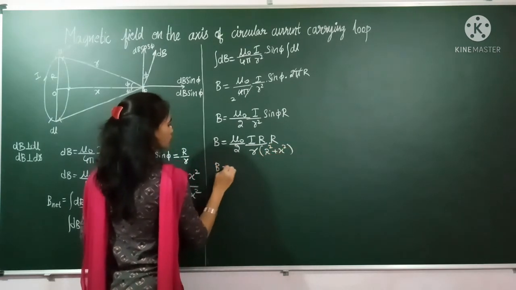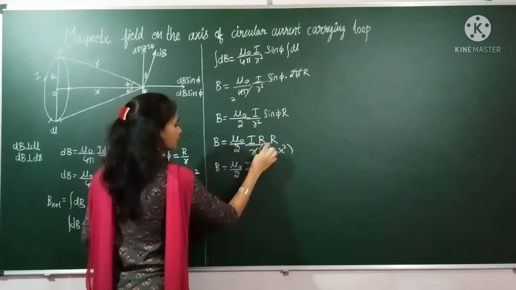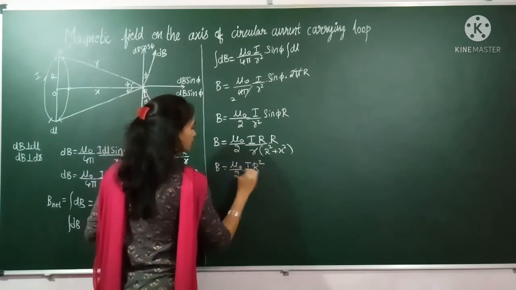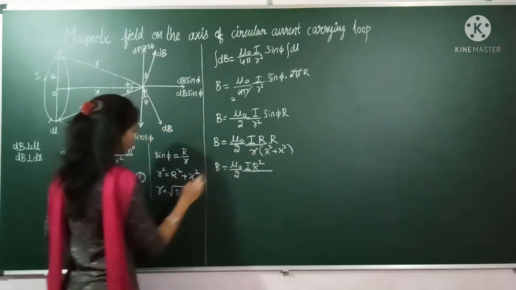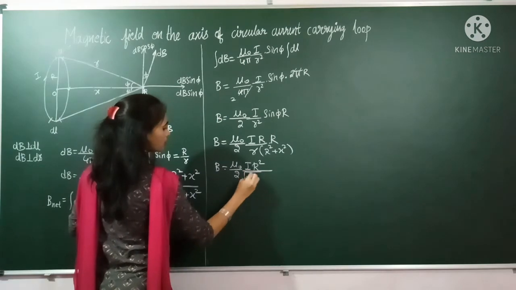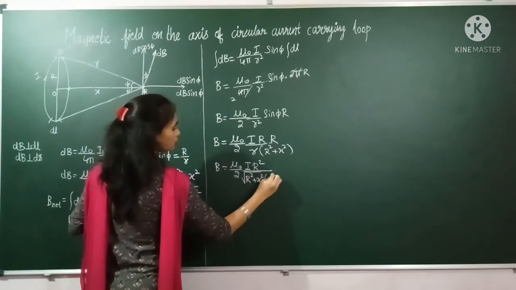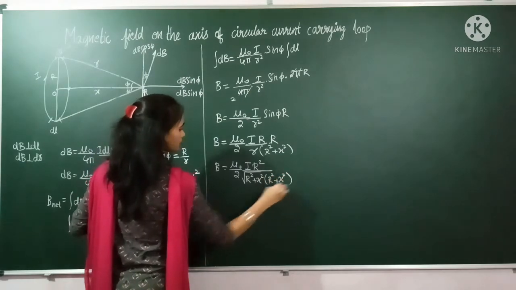So B is equal to μ0 divided by 2, I, R into R is R², divided by r, which we can take as the square root of R² plus x², and this value is R² plus x².